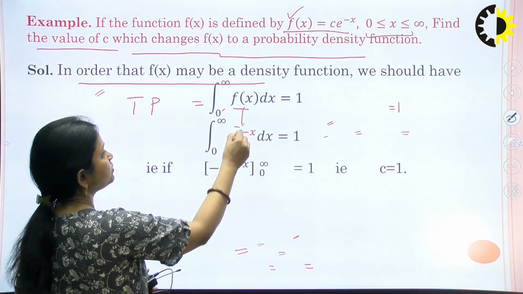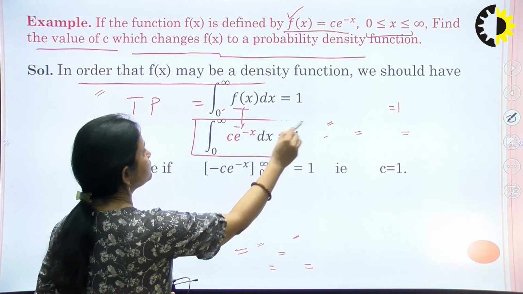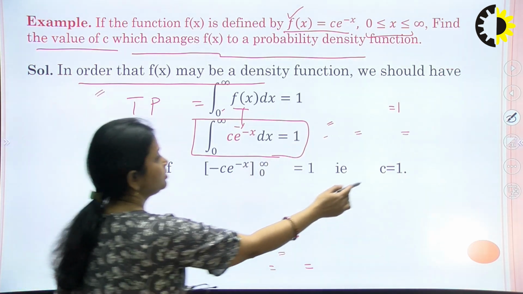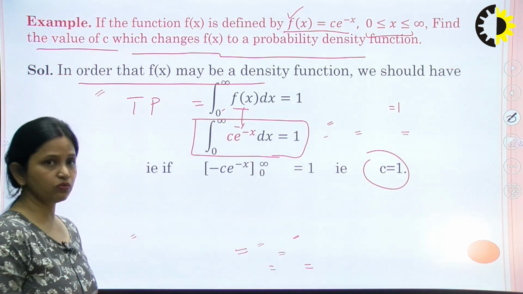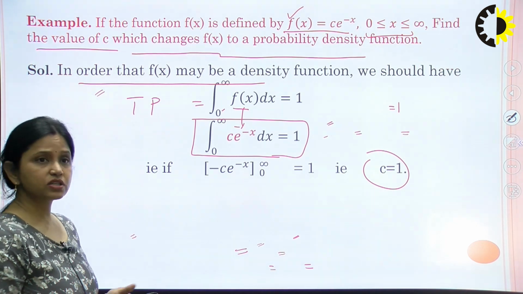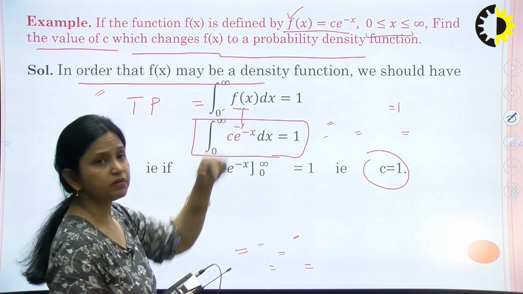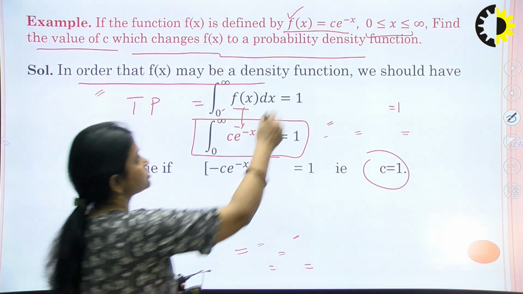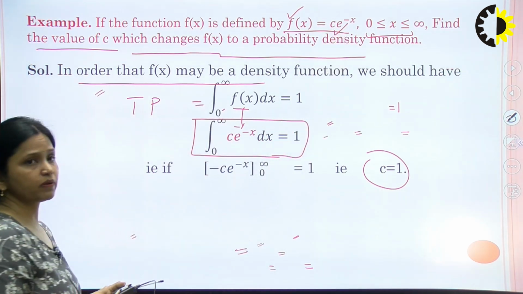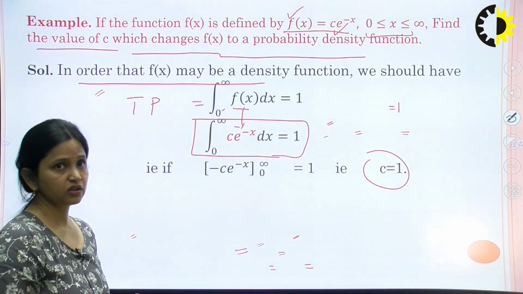Now put the value of the function and solve this equation for c. You will obtain c is equal to 1. So for c is equal to 1, this function can be taken as a probability density function. Okay.